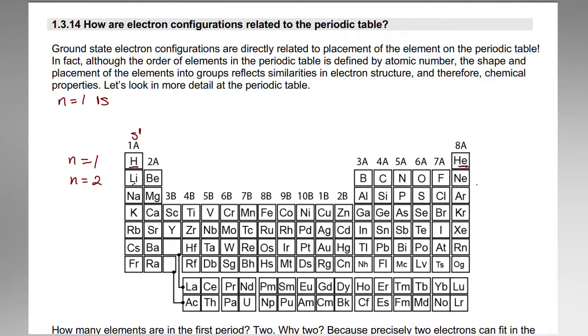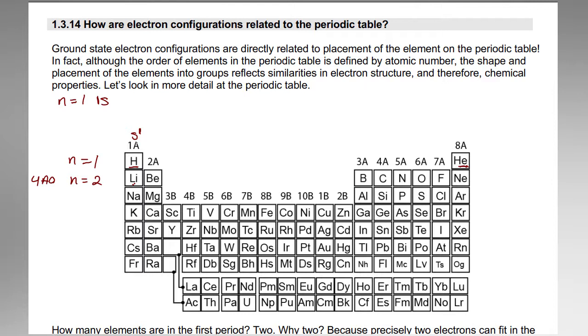So a total of 4 atomic orbitals in the second shell, which means a total of 8 possible electrons. And I just showed you that there are 8 elements in the second period of the periodic table. Those correspond to all of the possible electron configurations with valence electrons in the second shell.